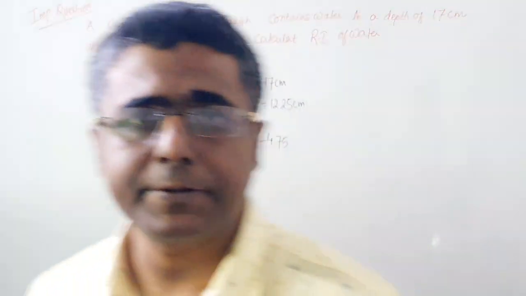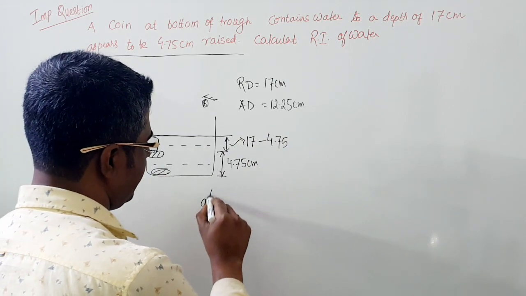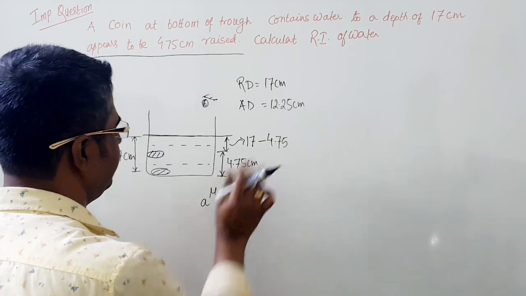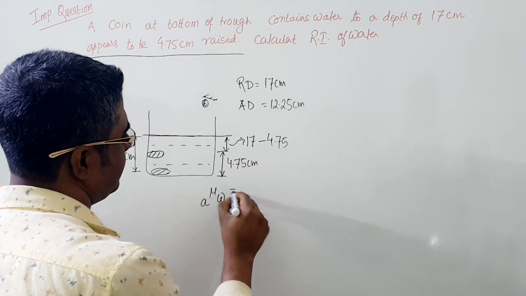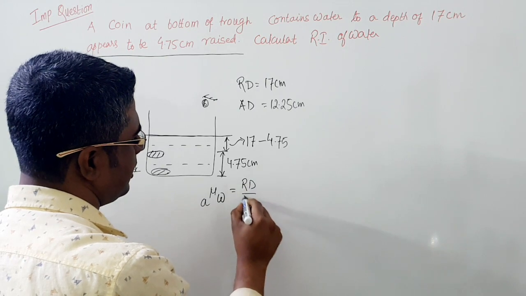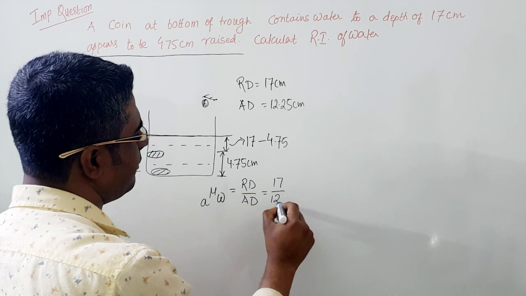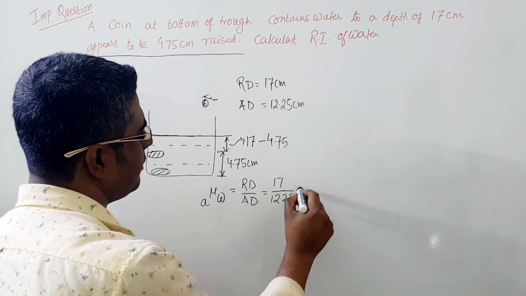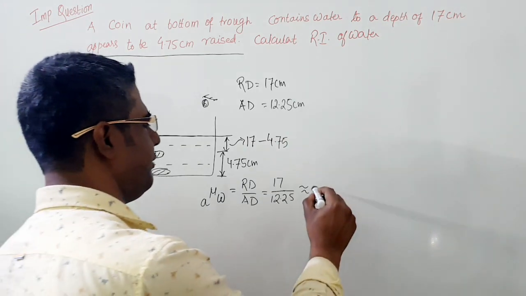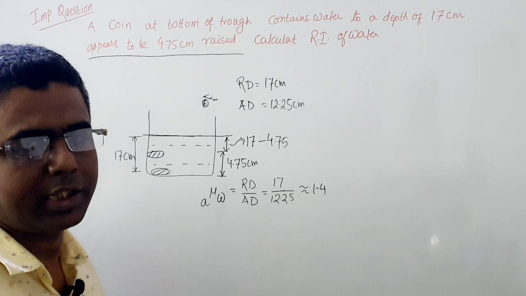Next, the simple formula: refractive index mu, here it is water, is real depth by apparent depth, RD by AD, which will be equal to 17 by 12.25. If you calculate this, it will be very near about 1.4, 1.45 like that. So this will be the refractive index of water.